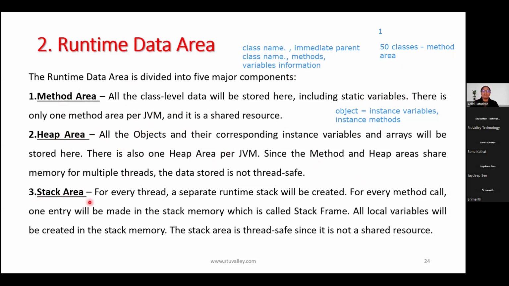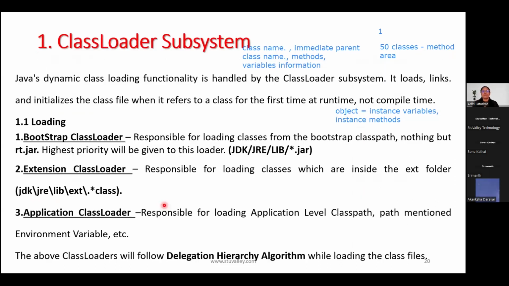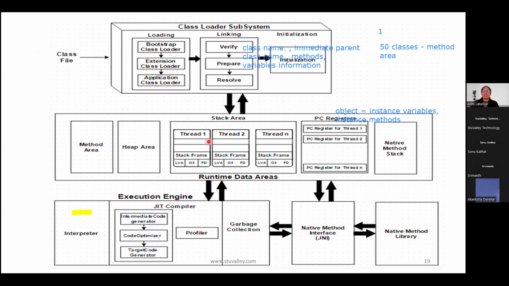Okay, third one is the stack area. Here you can see the stack area has different threads. It has a structure where we are storing a stack frame, LVA, OS, and FD. What are these? I will explain. So for the stack frame, each and every thread gets memory allocated here.